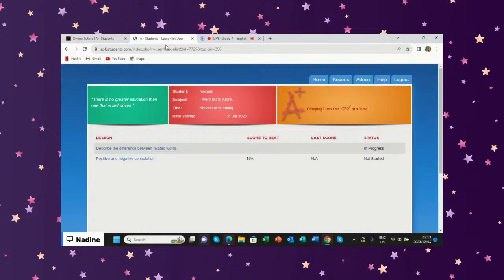All right, so we're going to go into our first lesson, which is to describe the difference between related words, or basically what shades of meaning are, right?